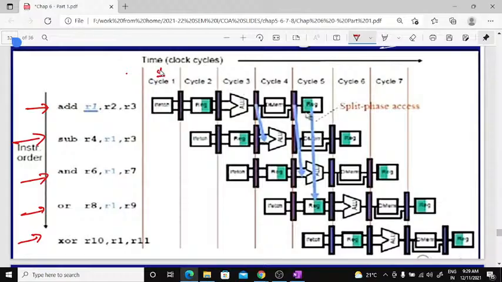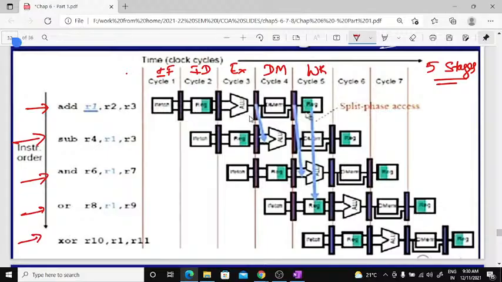This is instruction fetch, then instruction decode or reading the operand, execution stage, then data memory, then write result. These are the 5 stages. Every instruction passes through the 5 stages.